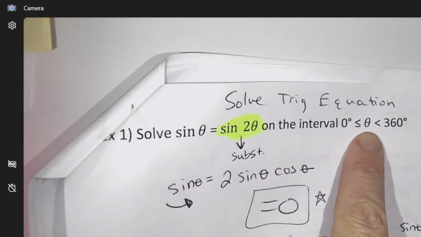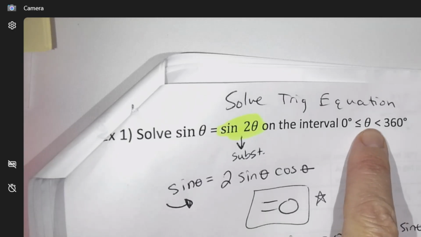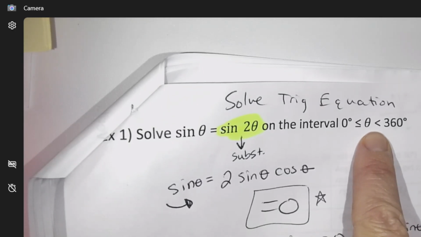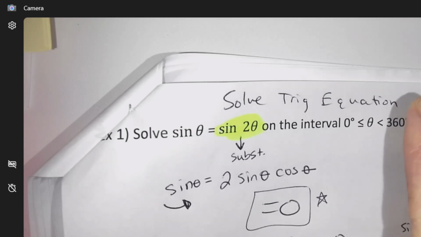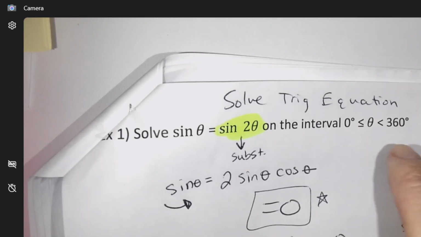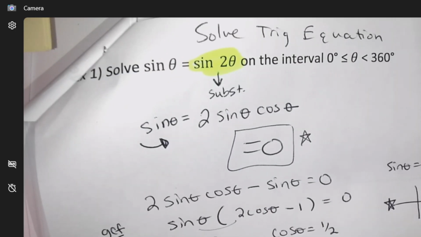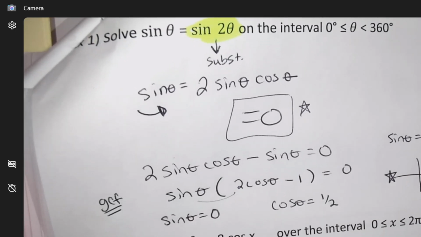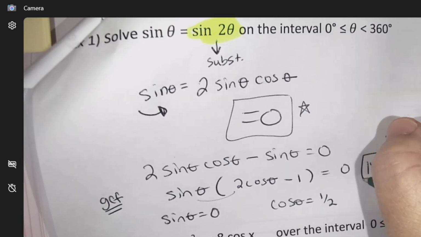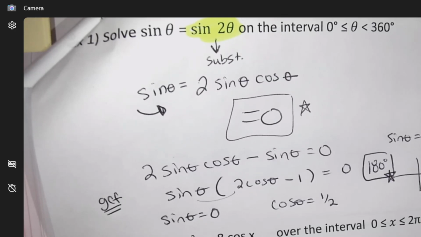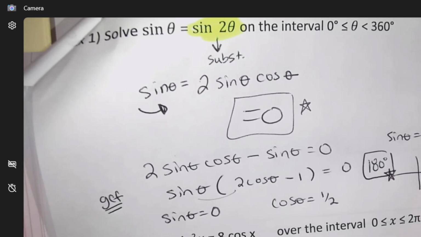It tells me about theta. Well, first of all, is this showing me I should be in degree or radian language? So that's what you need to talk about. So degrees. So 0 degrees is an answer. 180 degrees is an answer. 360 could have been an answer, but it's not.